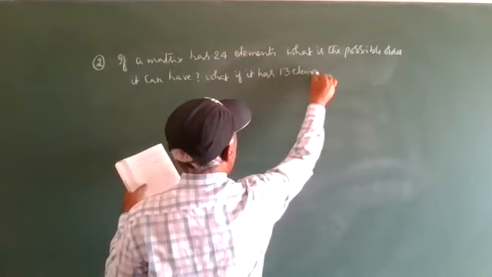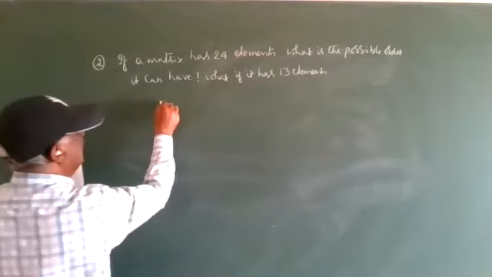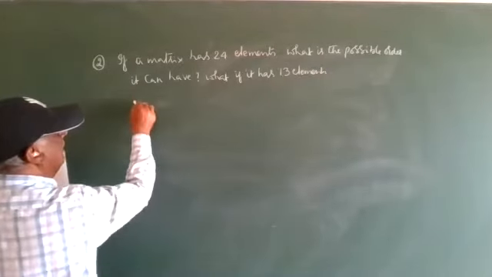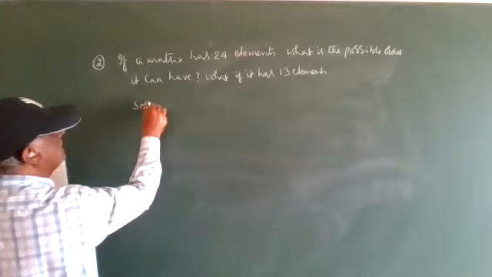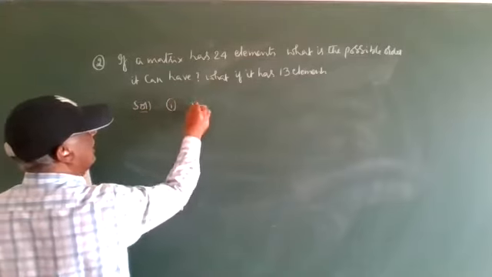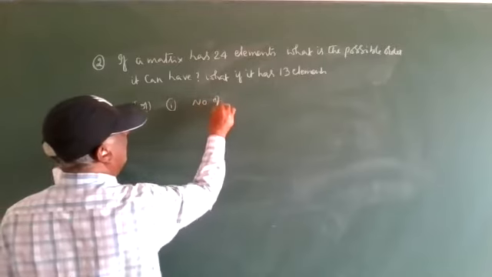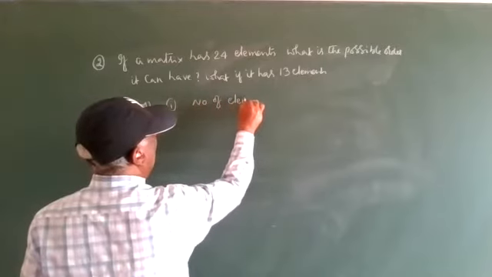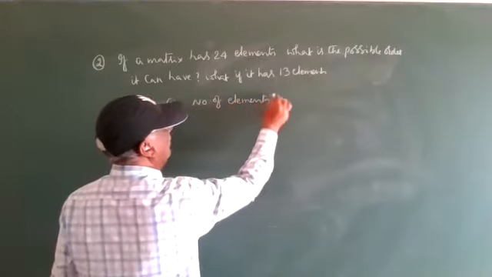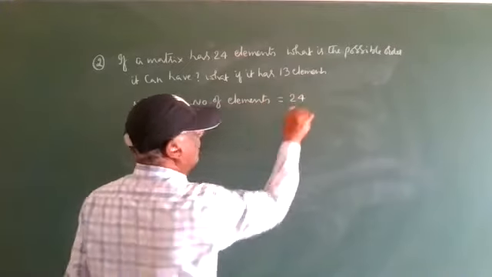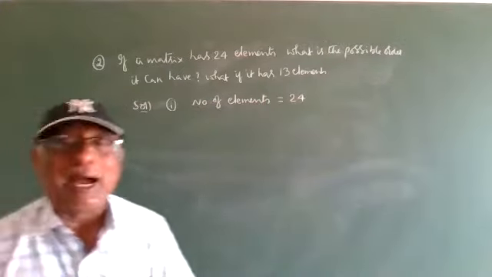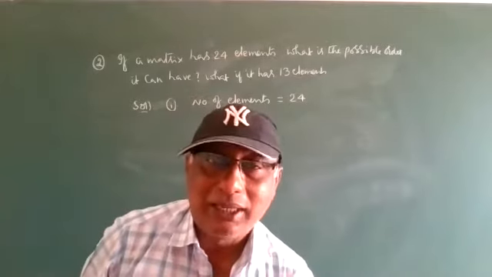Now multiply the order. Everyone see, first bit: number of elements is equal to 24. He is asking the order.